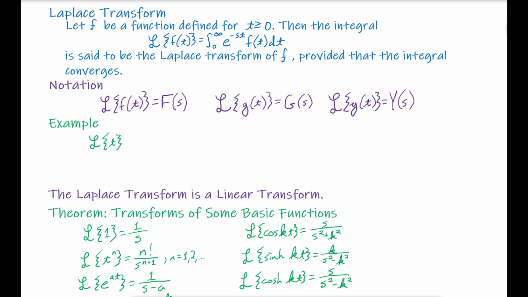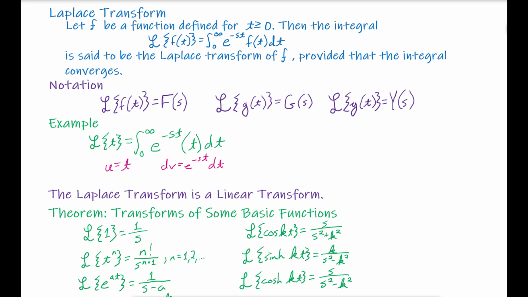So let's look at what the Laplace transform of the function, simply t, would be. We're going to be taking the integral from 0 to infinity of e to the negative st times t dt. In order to integrate this, we're going to need to use integration by parts.